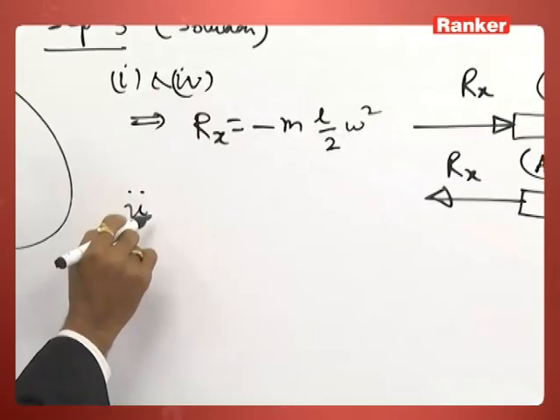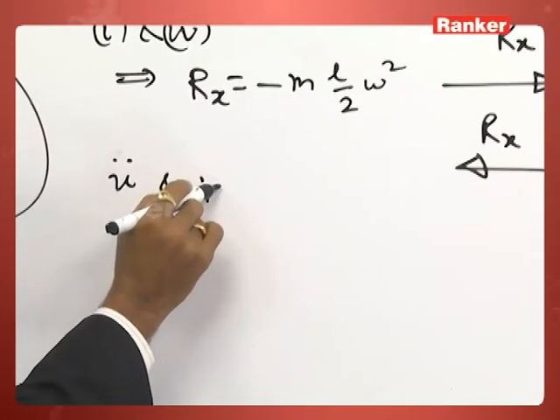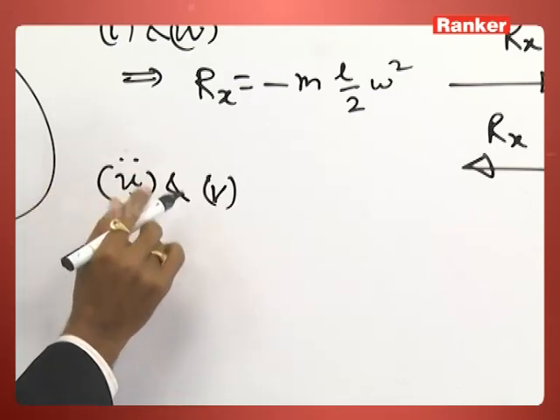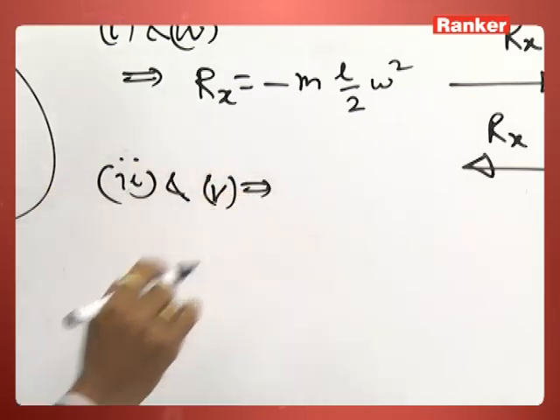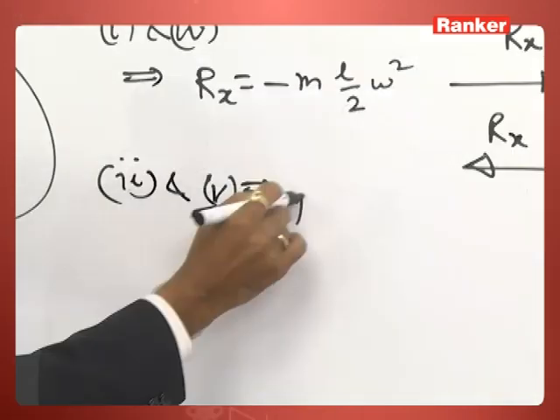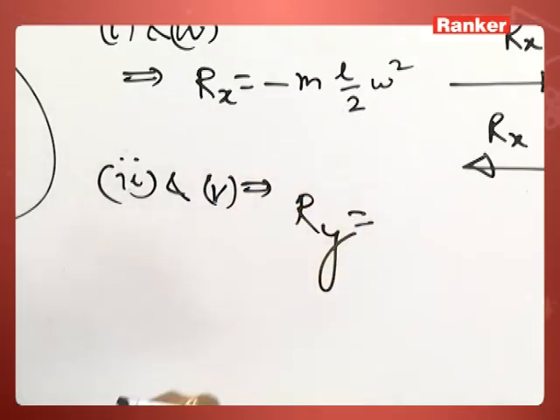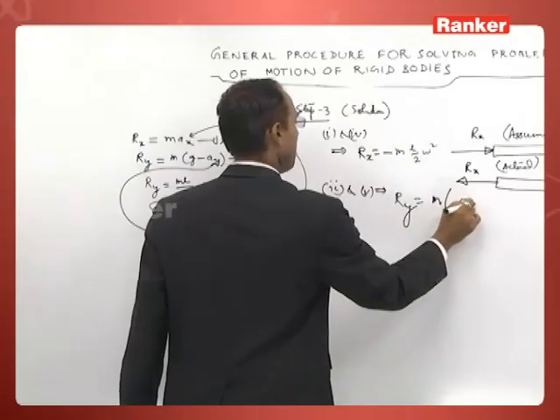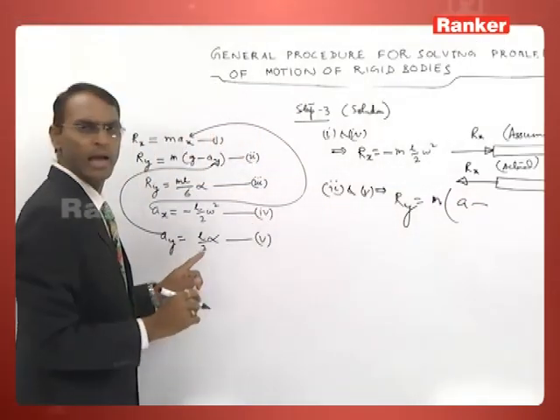Equations 2 and 5 give us Ry is equal to m g minus m ay. What is ay? L by 2 into alpha.